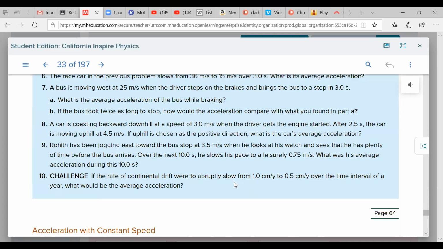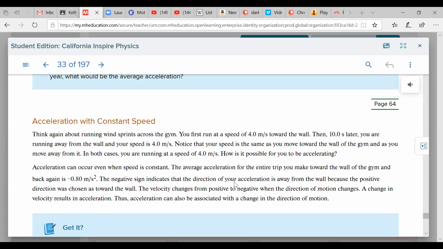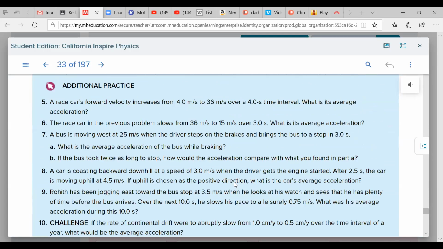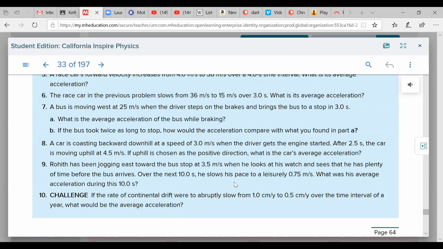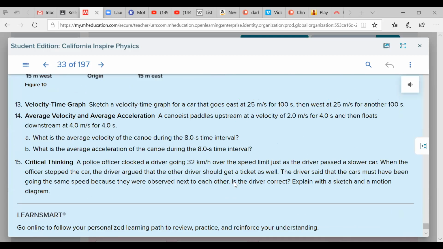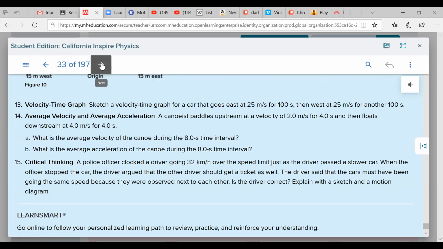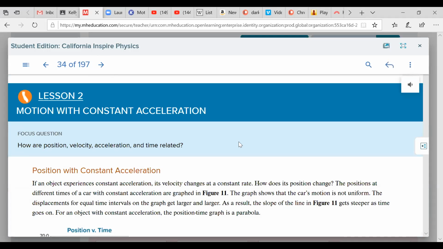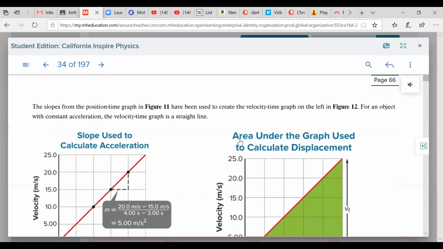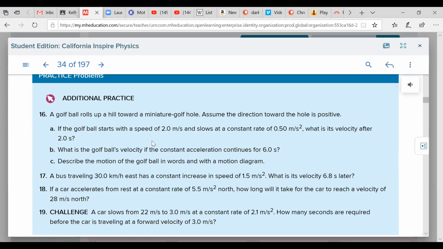Okay, example 5 to 10. I think I just had you guys stop at 10, right? 1 through 10. Okay. Let's take a look, while we have time, at the free fall stuff, because I'd like to try and wrap up motion and constant acceleration. I'll be giving you some of this next.